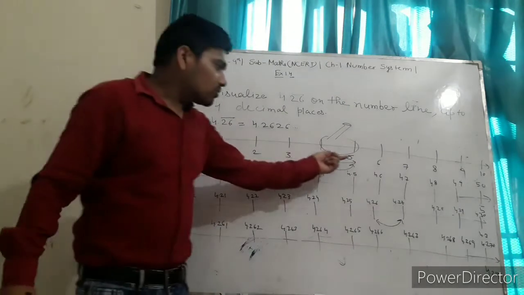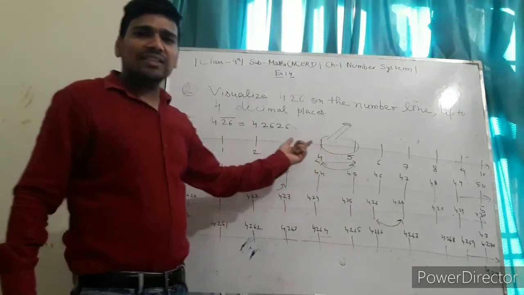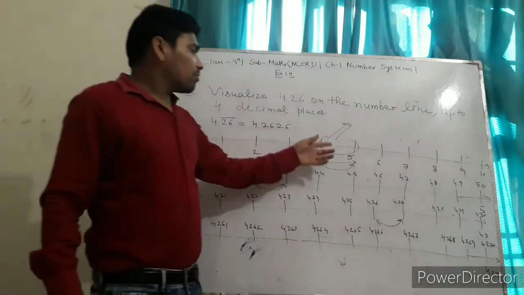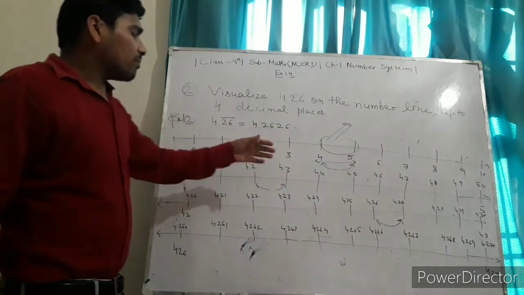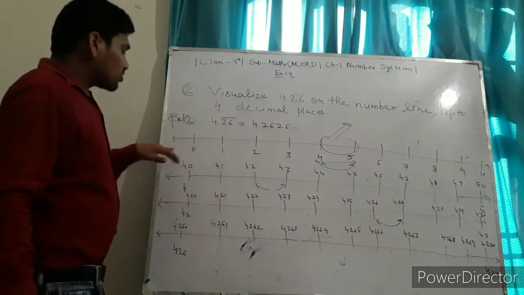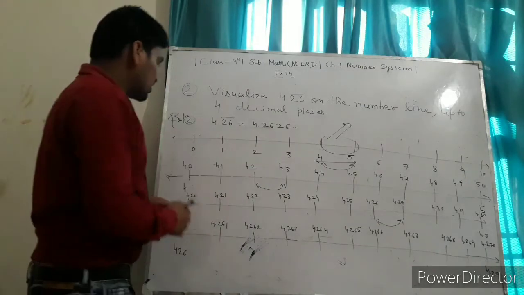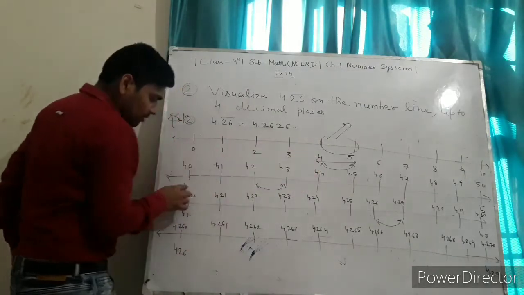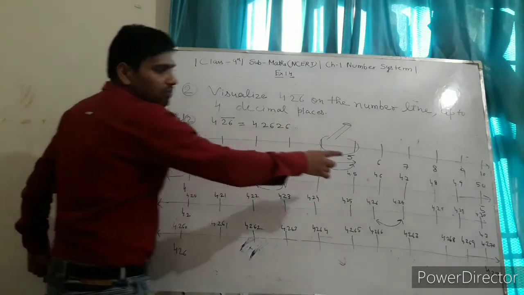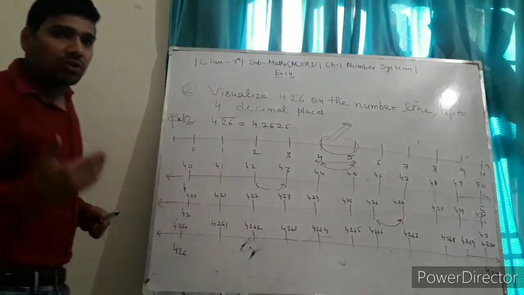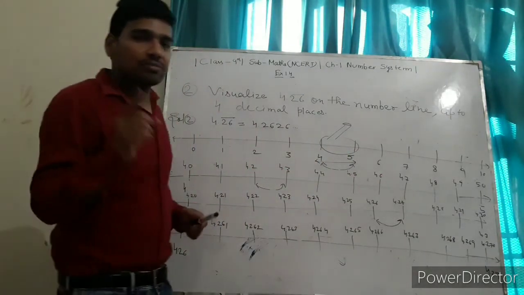Again, I am also visualizing this with the magnification tool. So 4 becomes 4.0 and 5 becomes 5.0 if we go to 1 decimal place.